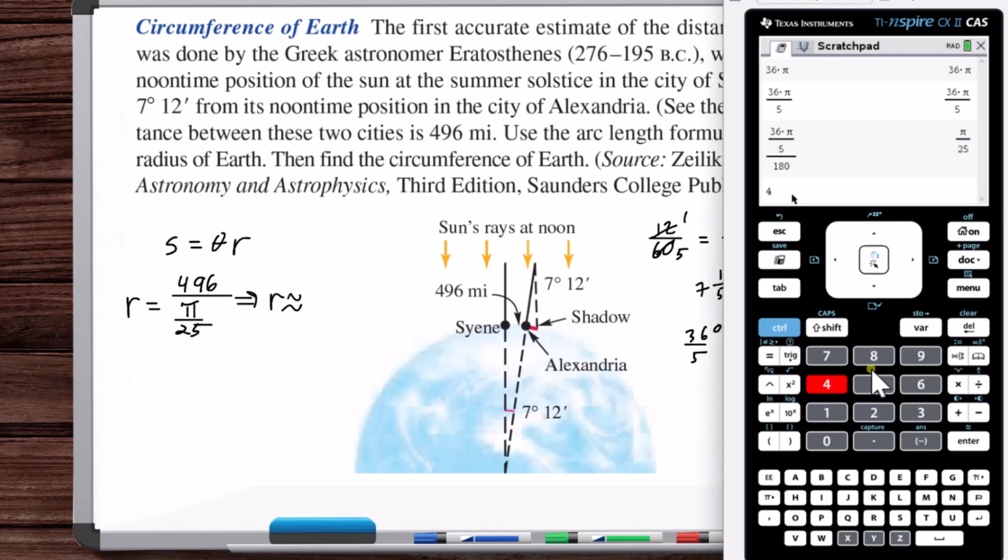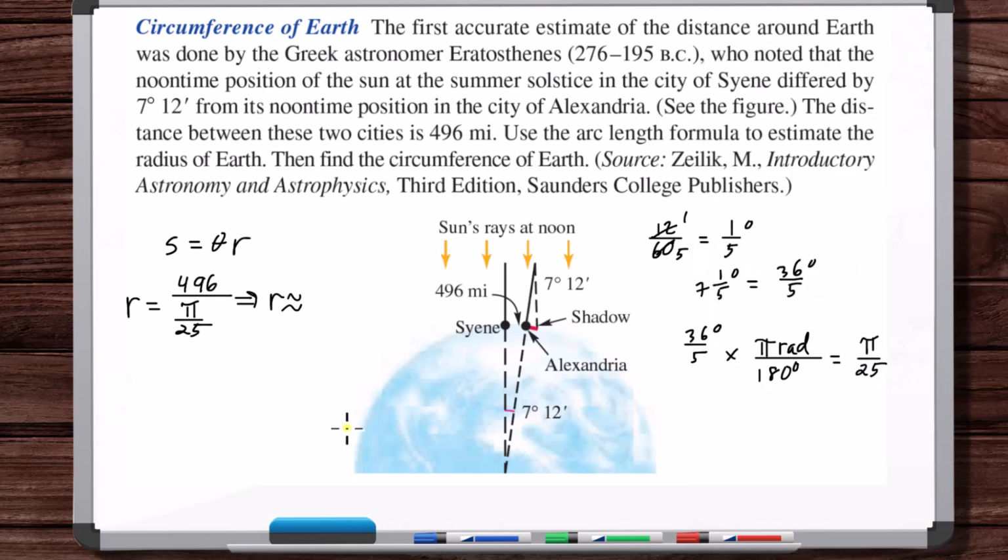So 496 divided by pi over 25. So about, we'll say 3,950 miles.